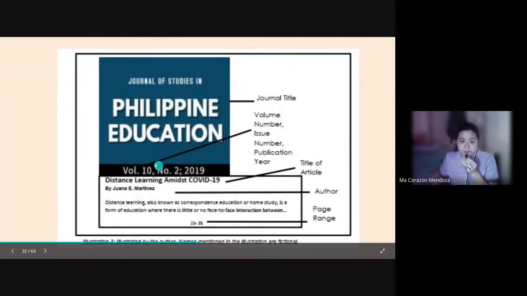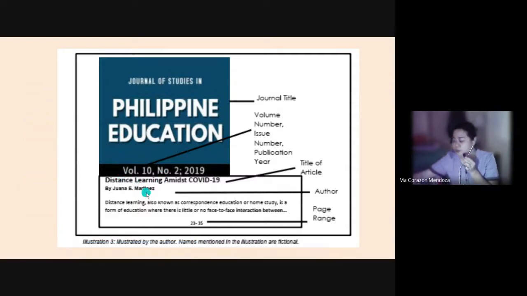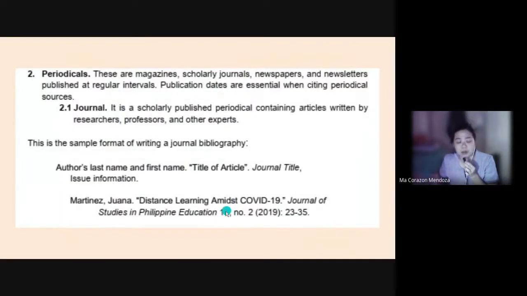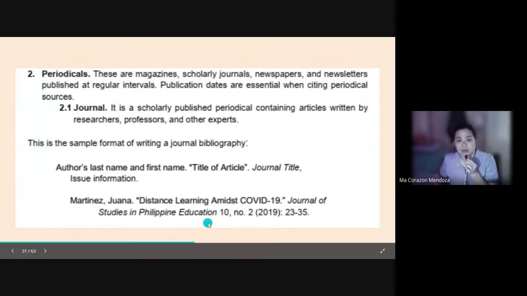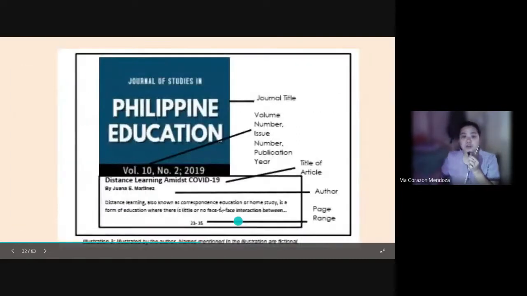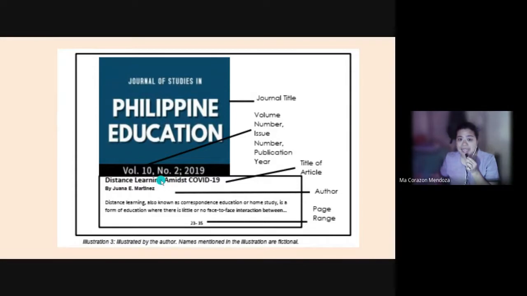Look, volume number 10. Okay, so after writing the journal title, which is in italic, you put number 10 right away, which is the volume, comma, number 2. The number 2 here refers to the issue number. Remember that the N in number is small letter.